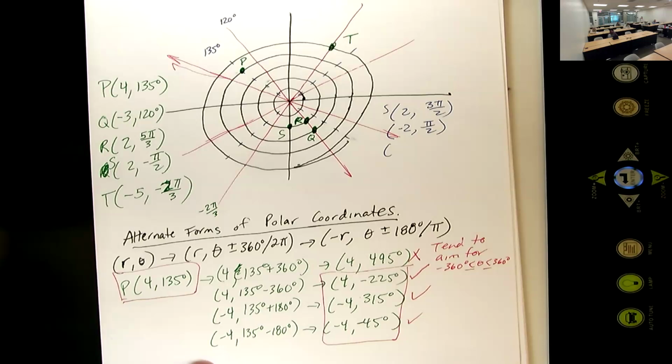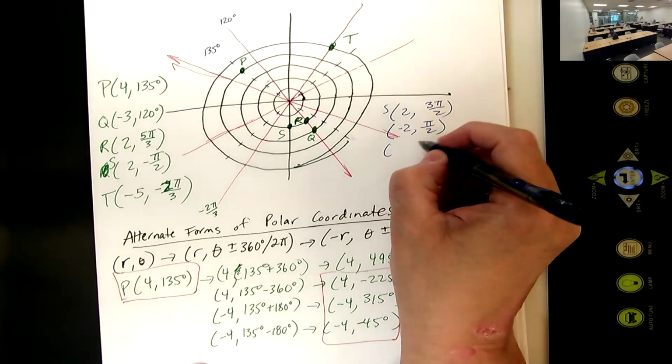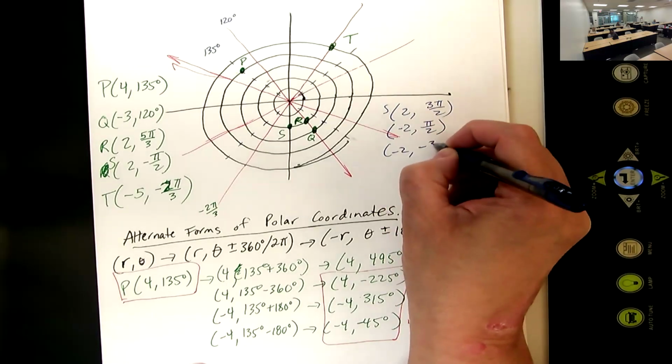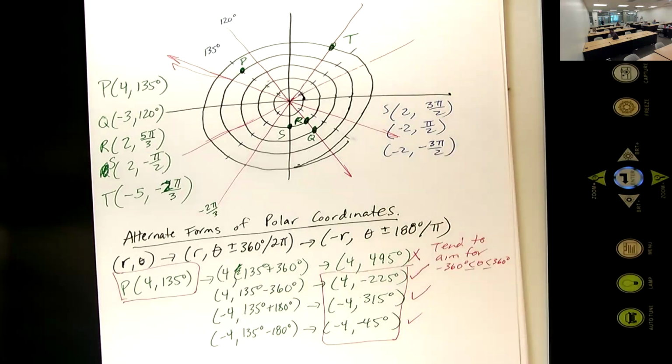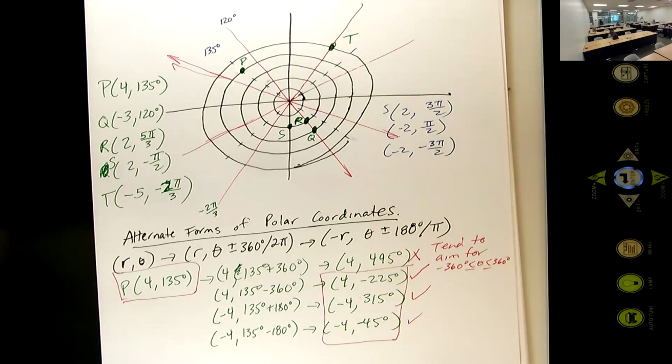Oh, -3 pi/2, sorry. Yeah, that sounds better. It's still technically an answer, but I'm just saying most people wouldn't use it.